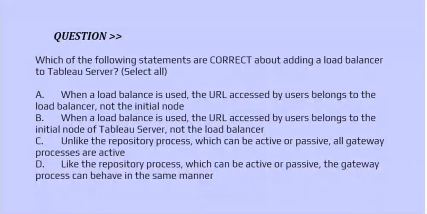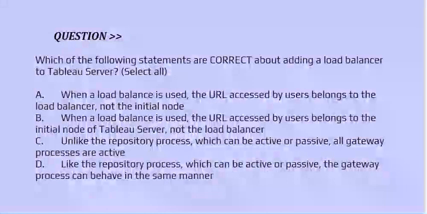Next question is, which of the following statements are correct about adding a load balancer to Tableau server? Select all. Option A, when a load balancer is used, the URL accessed by users belongs to the load balancer, not the initial node. Option B, when a load balancer is used, the URL accessed by users belongs to the initial node of Tableau server, not the load balancer.